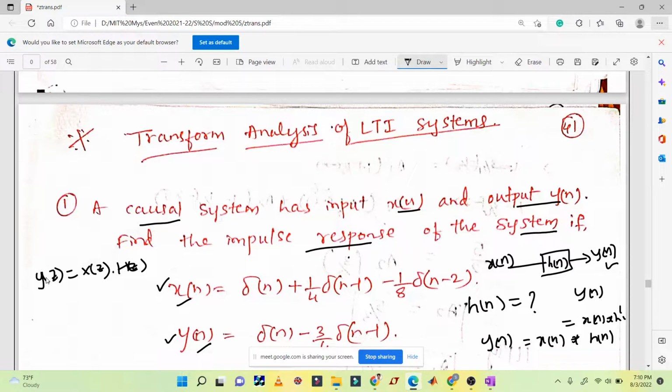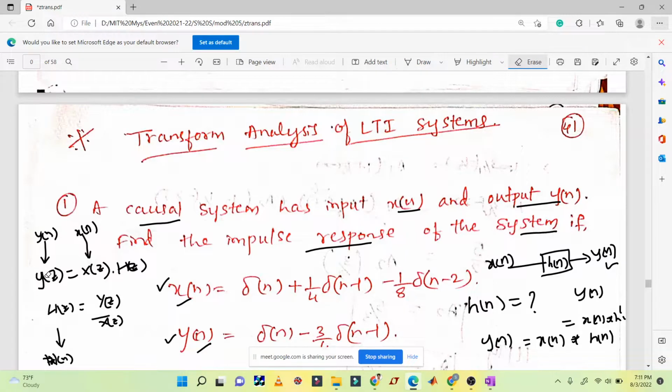Now we have been given y of n and x of n, so we can find the Z transform of y of n and x of n. Then we can find h of z. If I want h of z, what should I do? Y of z divided by x of z. Then we will get h of z. So taking the inverse Z transform, I will get h of n.